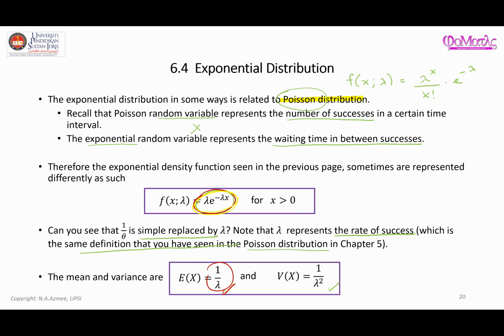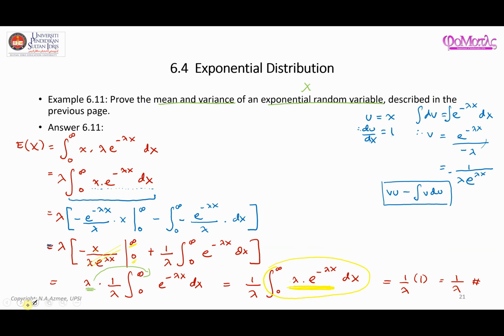Now let's move on and show that the variance of x is 1 over λ squared. For this one, we know that in order to find the variance of x, this is the formula that you have to apply.